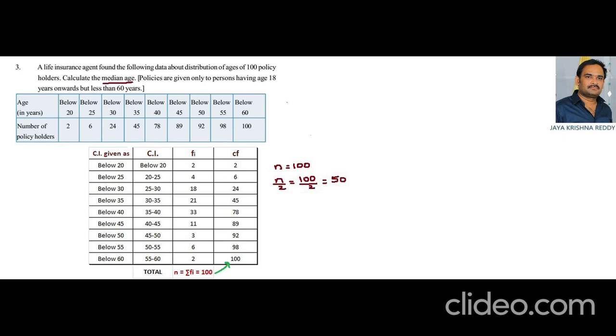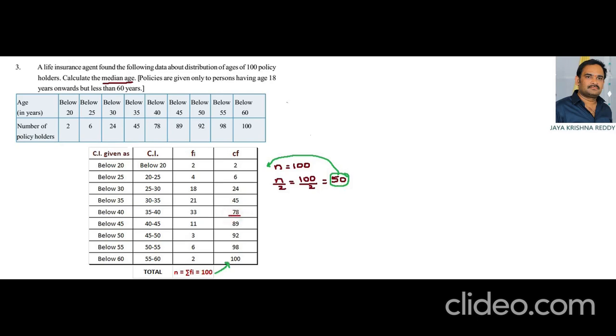Now verify which value from the CF column is greater than N by 2 and nearest to N by 2. So 78 is the number greater than N by 2, meaning greater than 50 and nearest to 50.